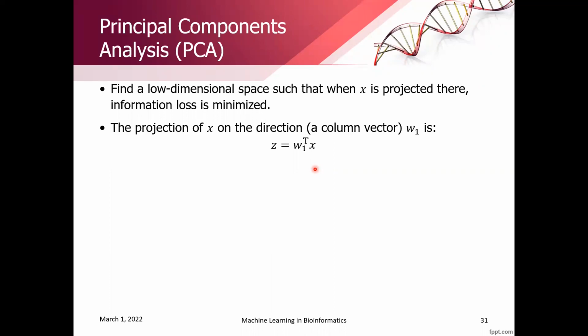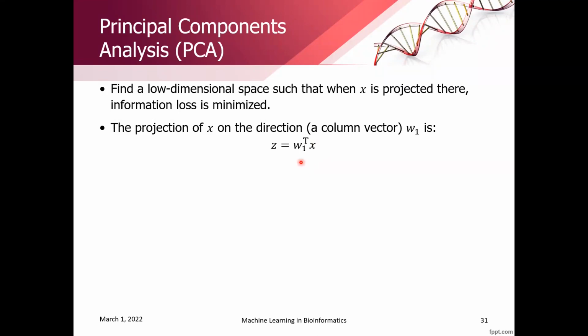We take the elements of the vector, and each element of the vector x, we multiply by some constant, and we sum them together, and this will be the value for the first coordinate of the vector after the transformation. So the transformation can be described by one vector w sub 1. And the transformation can be mathematically written by w sub 1 transposed times x.